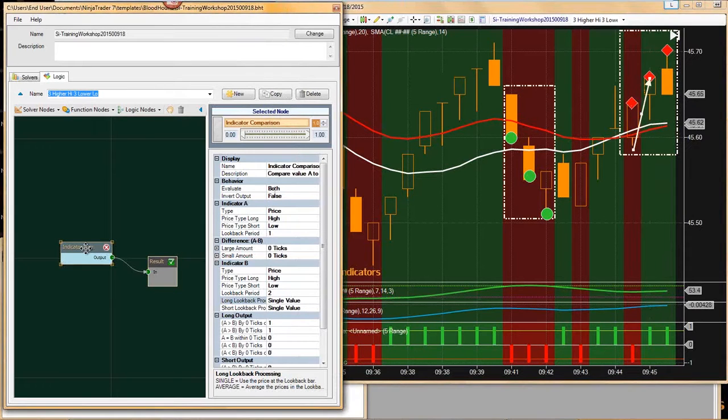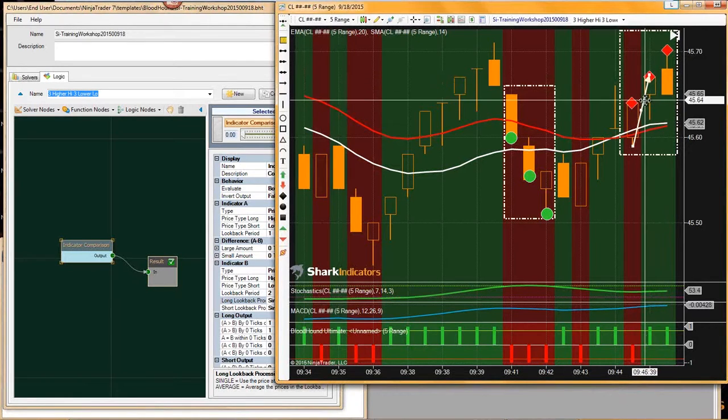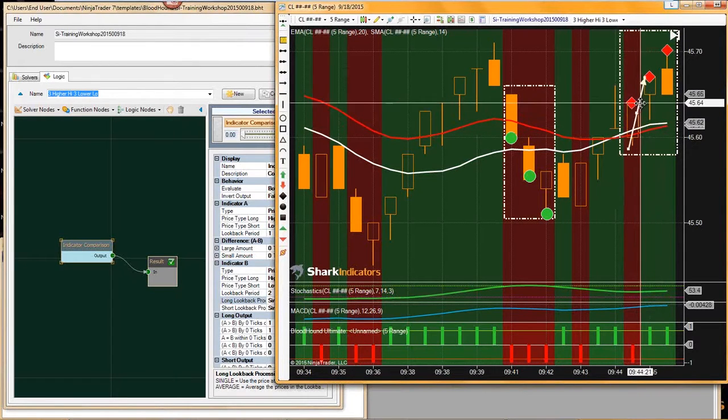So what we're going to do is add another solver so that we can look at the previous 2 bars. One comparison solver is going to look at the 2 most recent highs, and then we're going to have a second comparison solver that's going to look back at the second and third highs, or the second and third bars back.